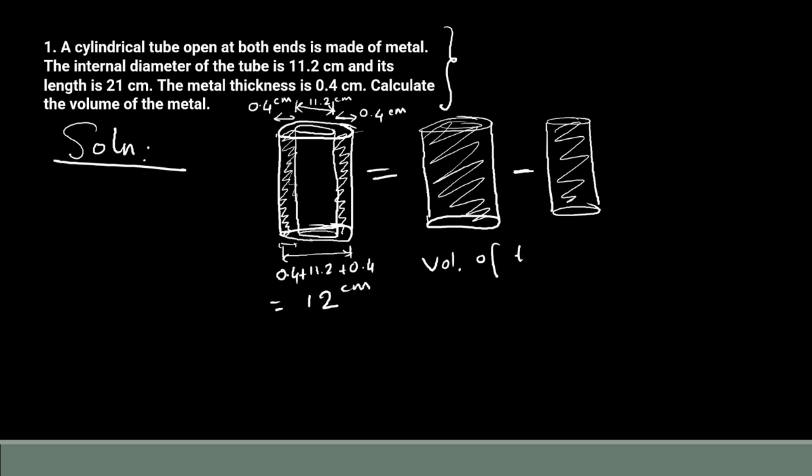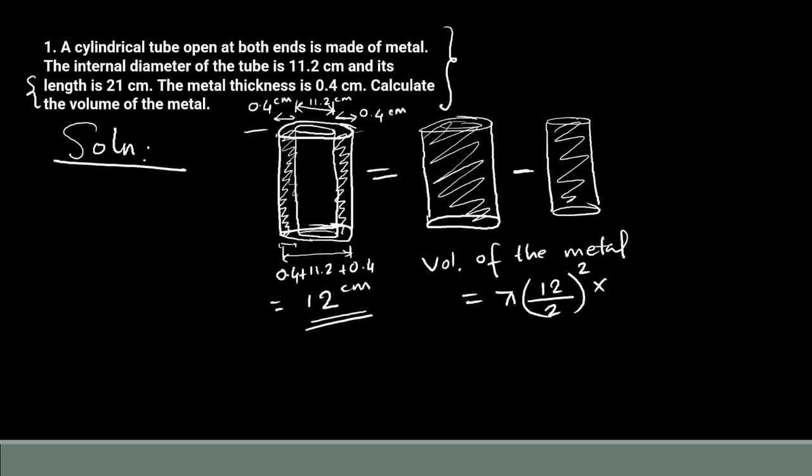So the volume of the metal is the volume of the outside cylinder, which is pi r square h. What is r? The diameter is 12 centimeter for the outside cylinder, so the radius will be divided by 2. What is the height given? It is basically said as length here.